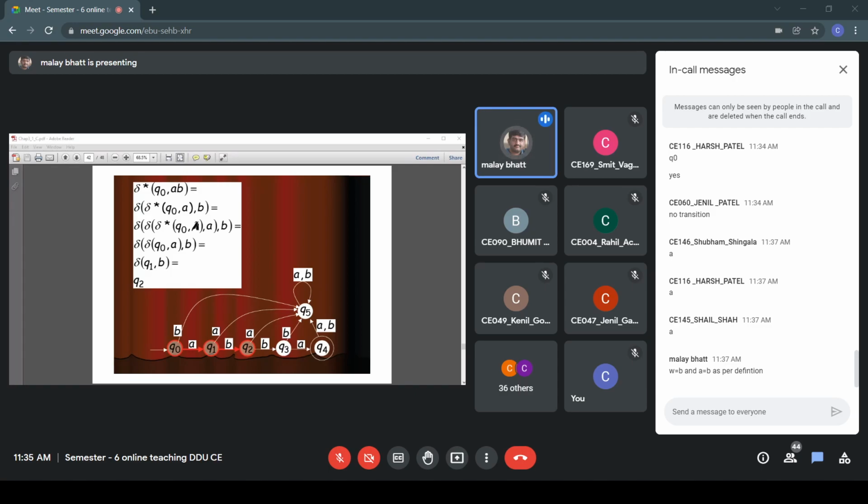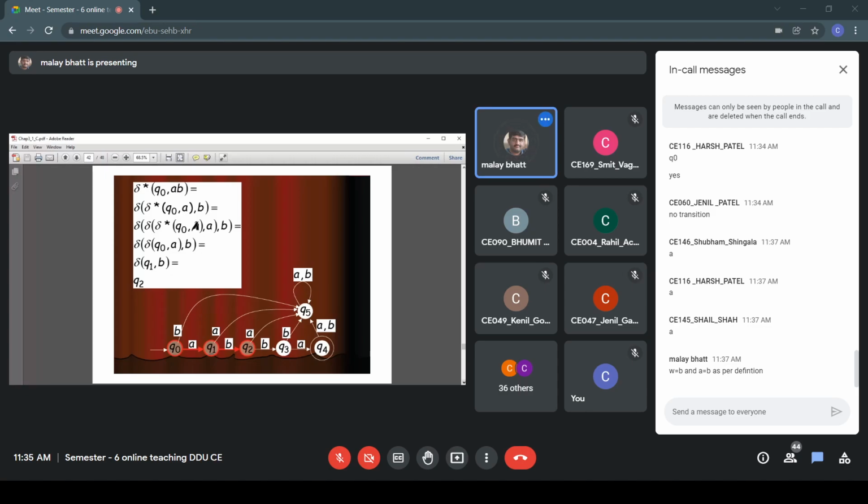So we are getting delta of delta star of q0 comma a, comma b. Now, for delta star of q0 comma a, when can we apply delta star? We can apply delta star when we have more than one symbol.